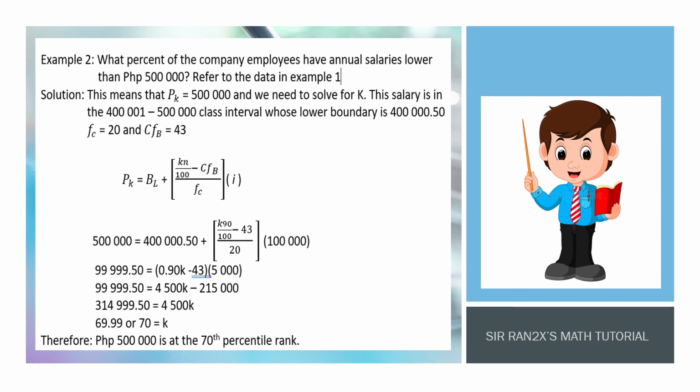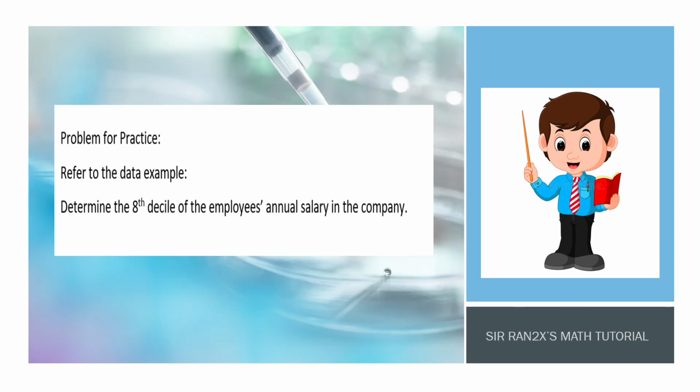Now let's proceed to the problem that I want you to work with. Problem for practice: just refer to the same table, and I want you to determine the eighth decile, the decile of the employees' annual salary in the company. So you are to compute decile 8.